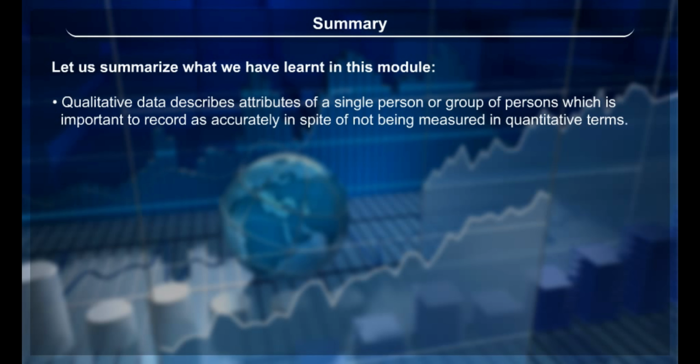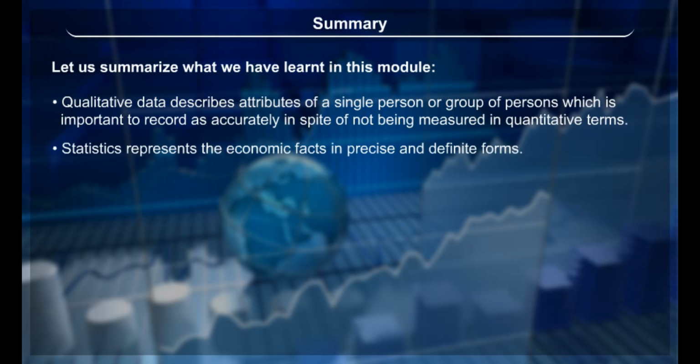Qualitative data describes attributes of a single person or group of persons, which is important to record as accurately as possible in spite of not being measured in quantitative terms. Statistics represents the economic facts in precise and definite forms.